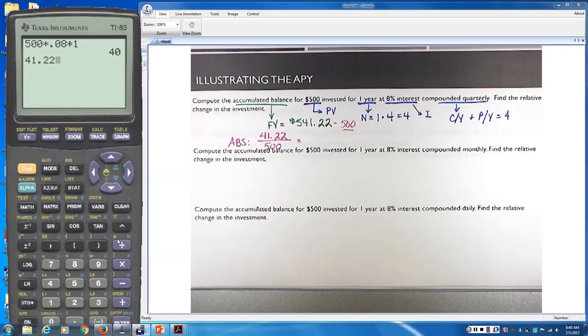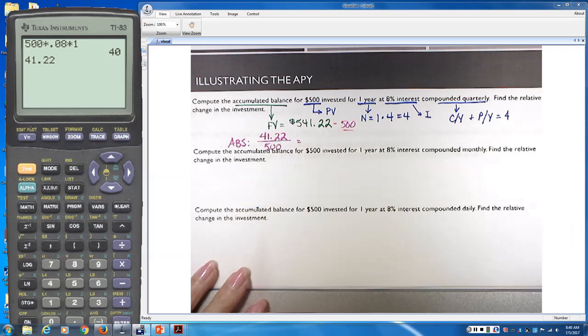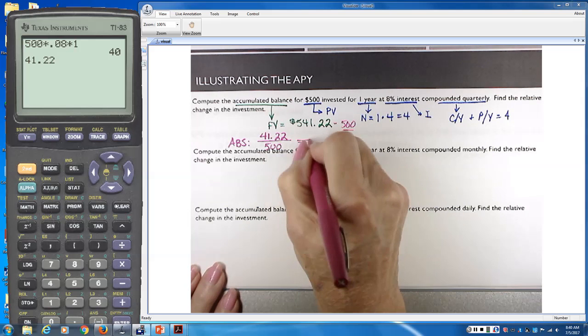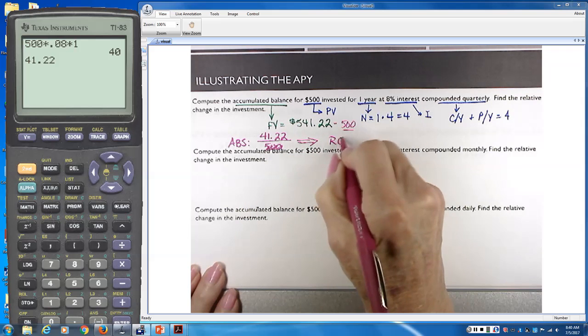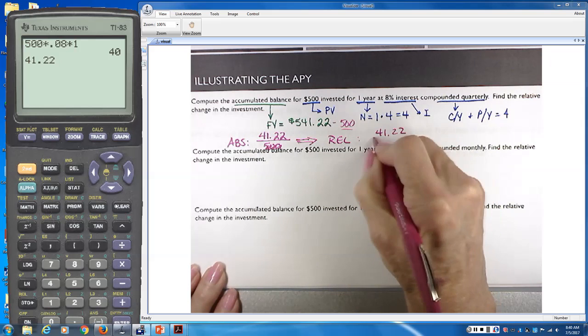You mean 541.22? That's the future value, but our actual absolute difference is 41.22. And then when we change absolute to relative, that's going to be 4122 over 500.